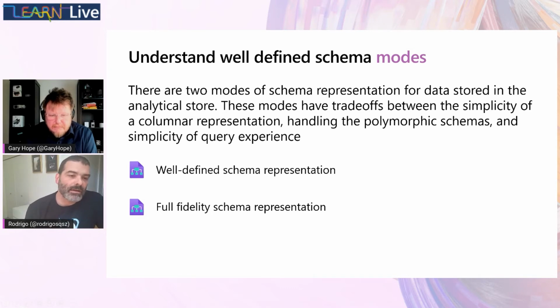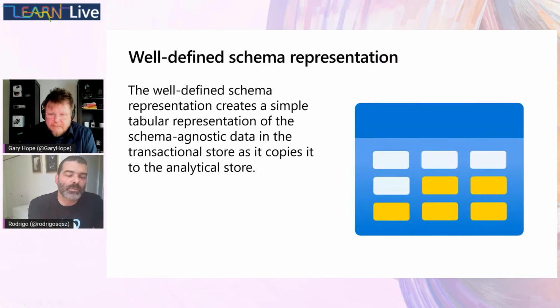If you have a property with data type A, and suddenly you have a document where the same property has data type B, that value won't be represented, because we assume that it is well-defined. The data model, the schema of your documents is well-defined, right? This is one of the constraints we have.